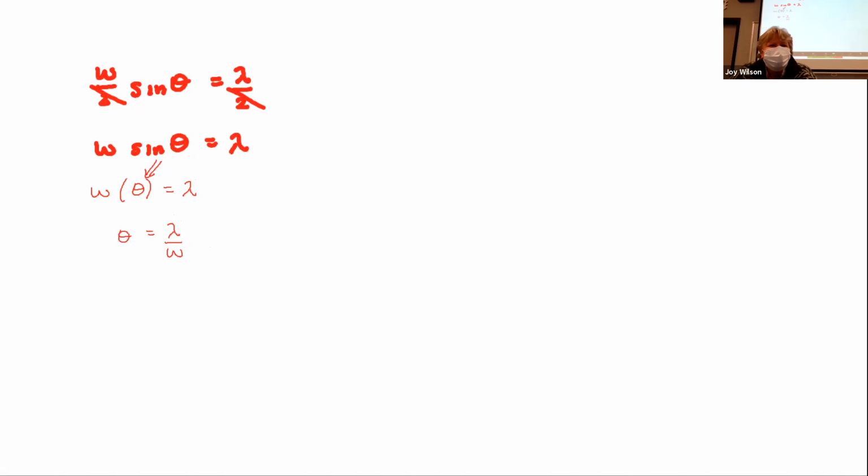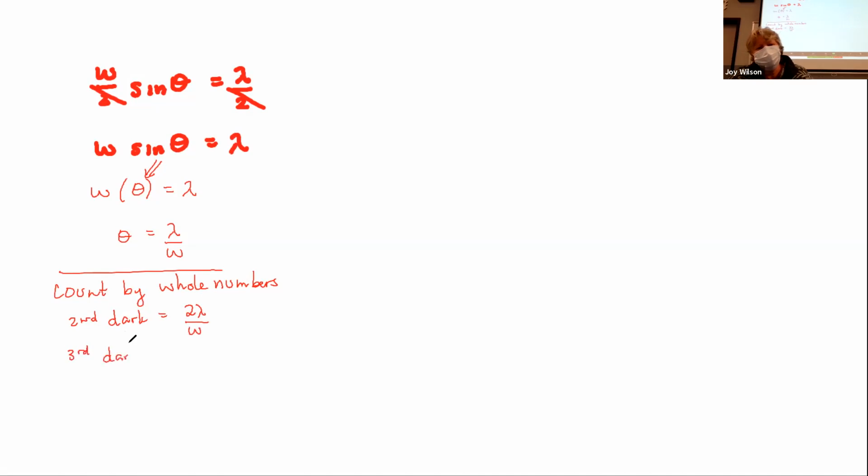Then our next step is you count them just by the whole numbers. So for example, second dark fringe is 2 wavelengths over W. Third dark fringe is 3 wavelengths over W. Fourth dark fringe, and so on, m wavelengths over W.